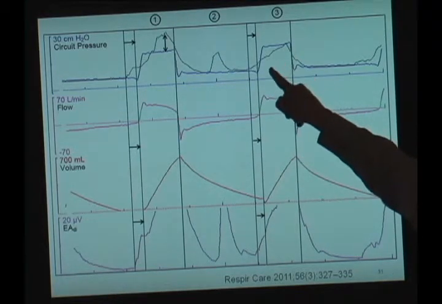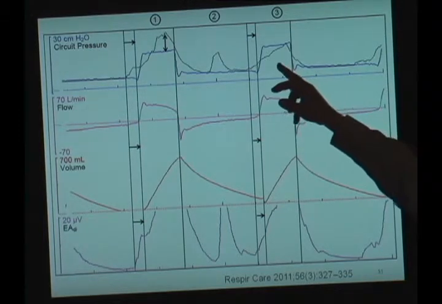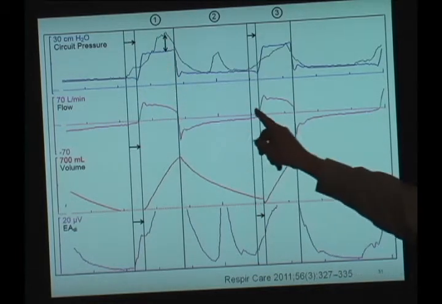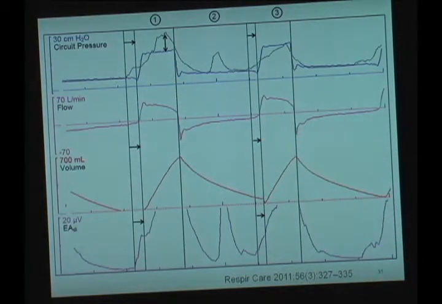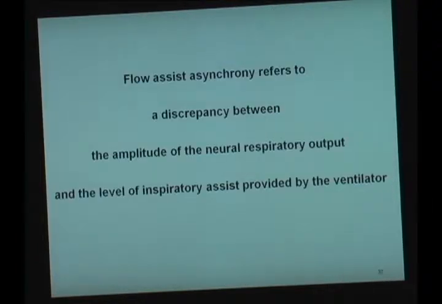In this case, the electrical activity is adequate for the patient, but in this other case, the electrical activity is very high. So this introduces the other possibility of asynchrony, which is the flow asynchrony, that happens when we have a discrepancy between the amplitude of the neural respiratory output and the level of the respiratory assist provided by the ventilator.